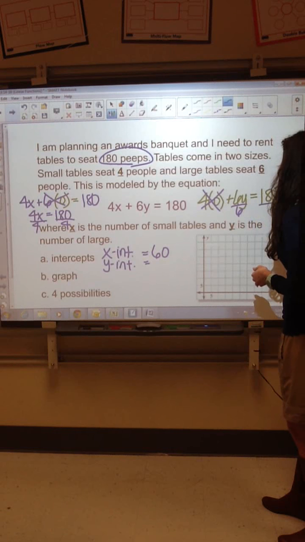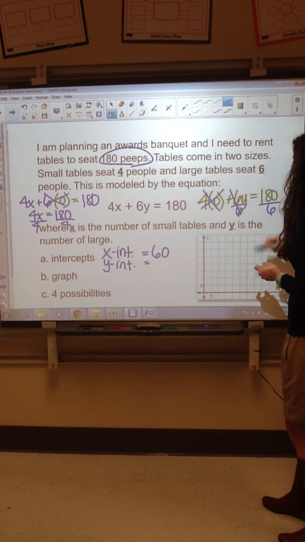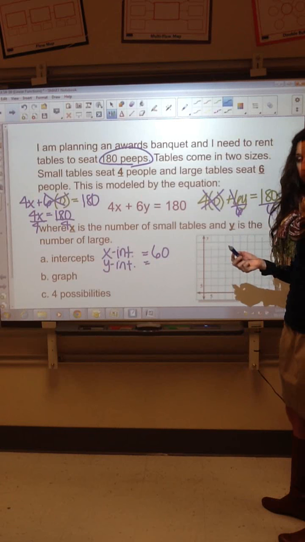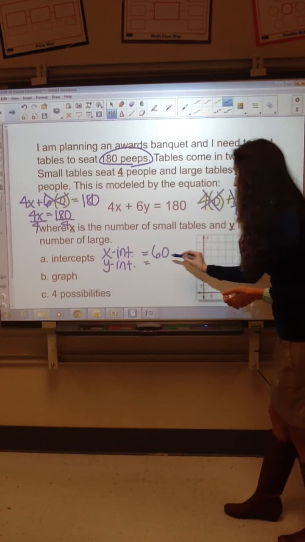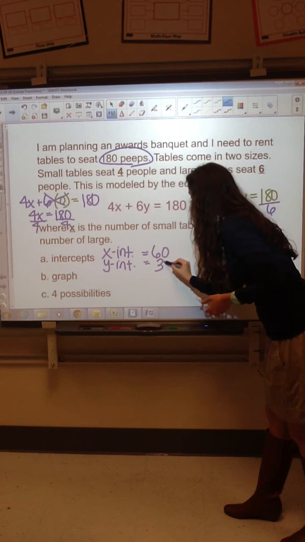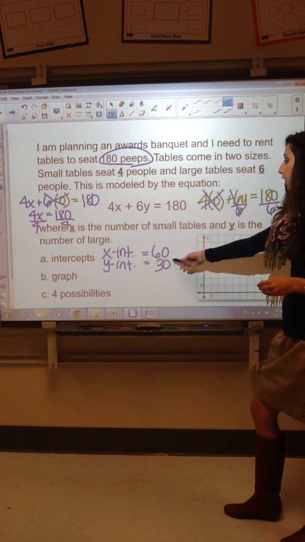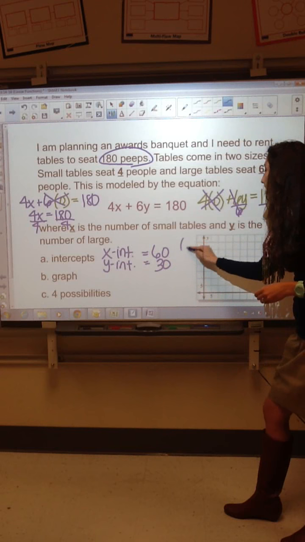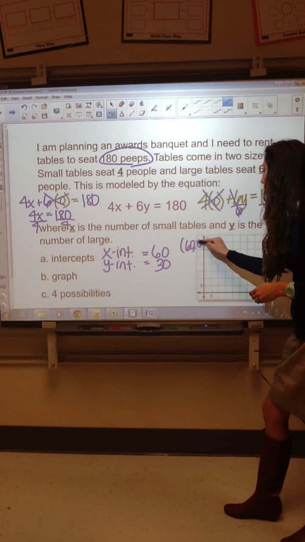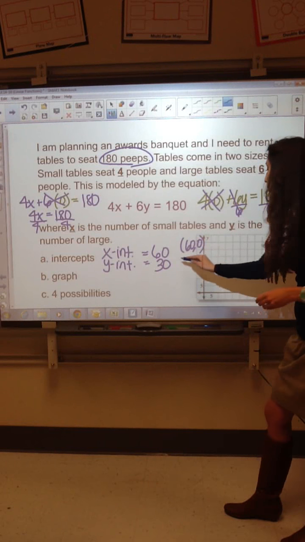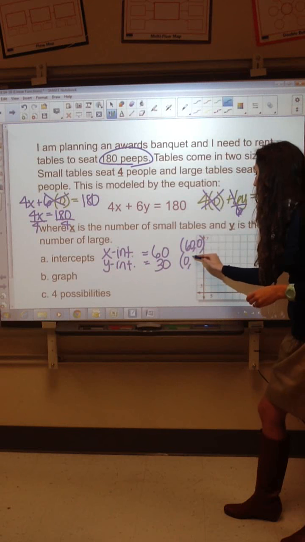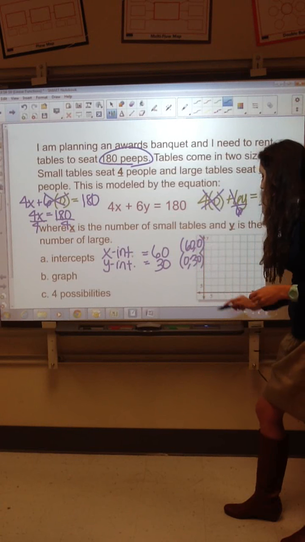Divide by 6, divide by 6, these cancel. Y equals 180 divided by 6, or y-intercept is 30. So now that I know it, my x-intercept means my x is 60 and my y is 0. And then my y-intercept, my x is 0 and my y is 30.